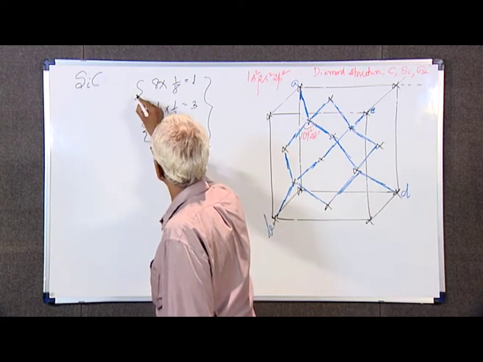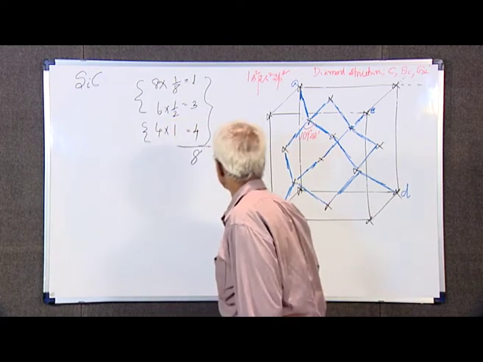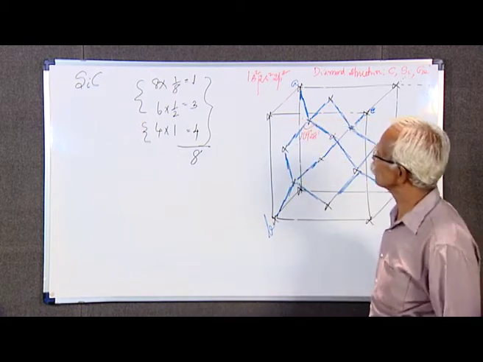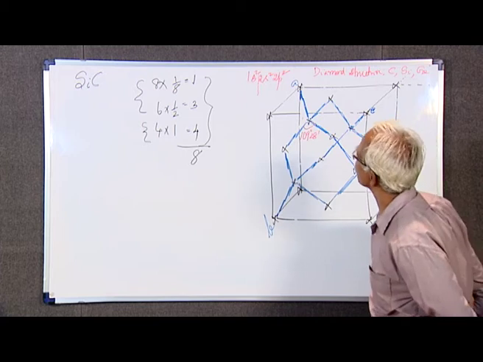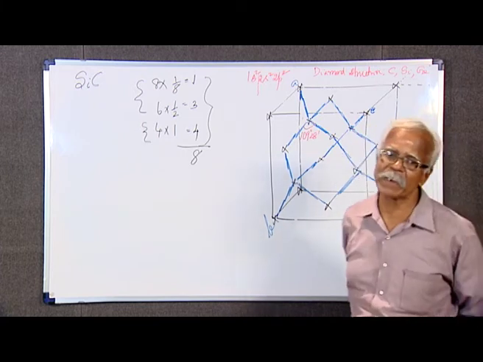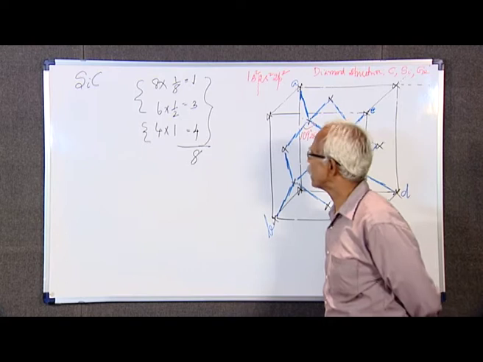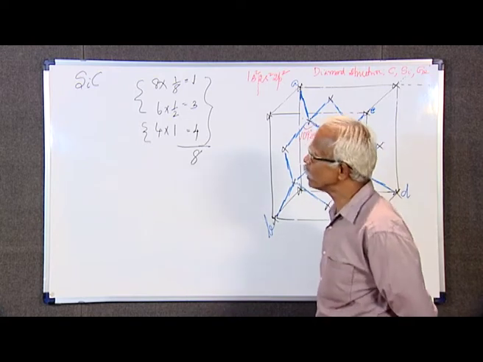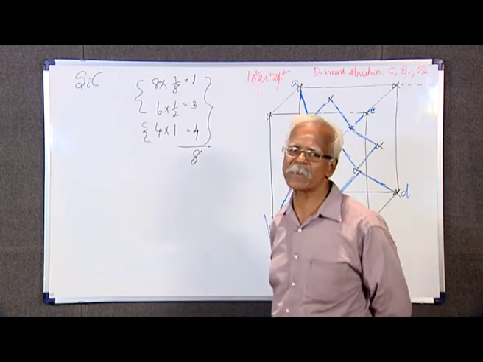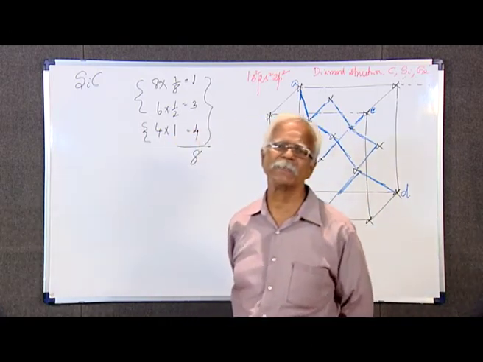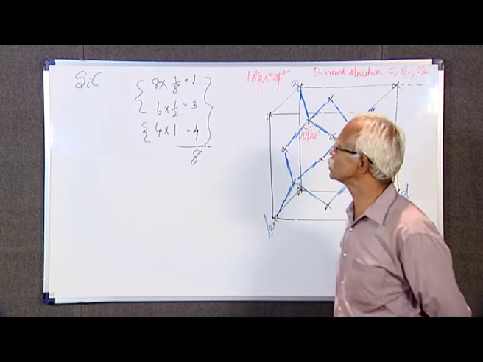So, 4 plus 4, 8. So, effectively there are 8 carbon atoms inside a cube in the diamond structure, which fully corroborates with the fact that you have an FCC lattice with a diatomic basis of 2 atoms.